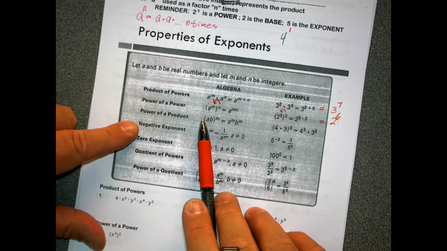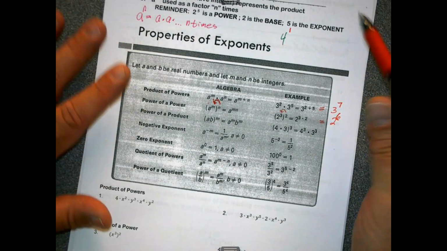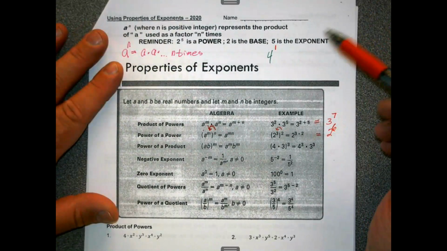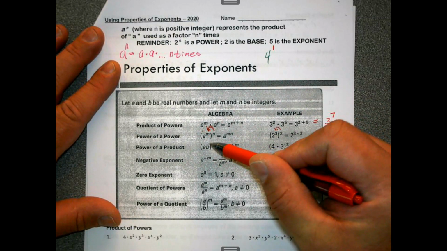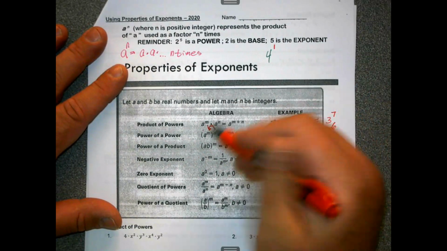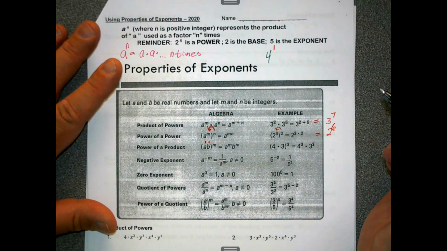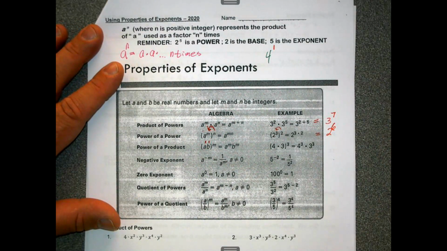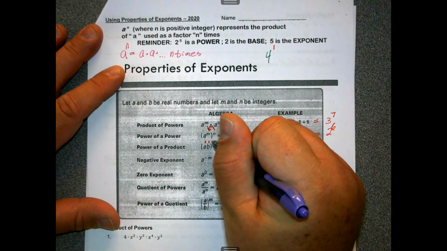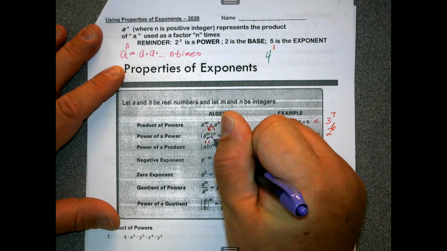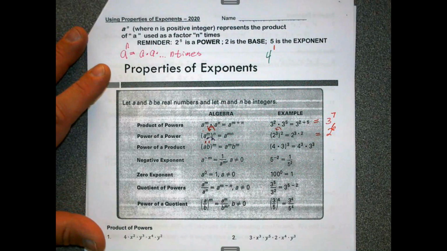Power of a product. Now, again, a lot of students make this mistake where we have different bases and they forget that there's an exponent of 1 there if there's no exponent. Even with numbers. Then again, you're going to distribute that exponent to each one of those bases.